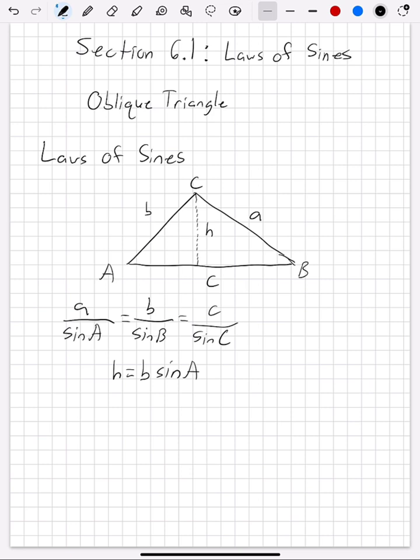All right, so let's do an example of this. Let's say that we have a triangle. Again, I'm just kind of generically drawing this, but I've got angles A, B, and C, and then I've got lowercase a, b, c.